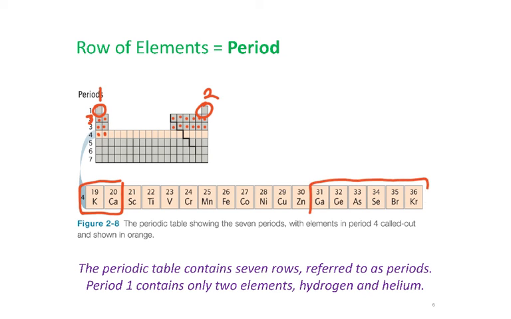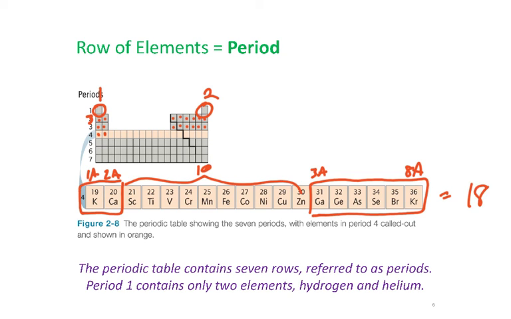And it has 6 in the main group. So we have 1A, 2A, 3A through 8A. And then there are 10 that make up the transition metals. So a total of 18.